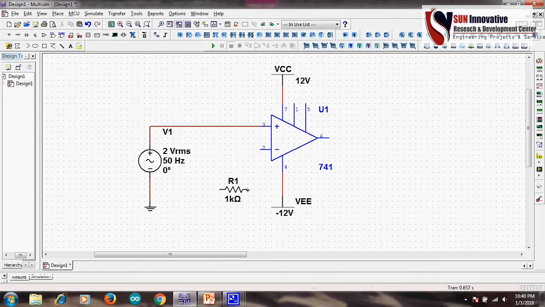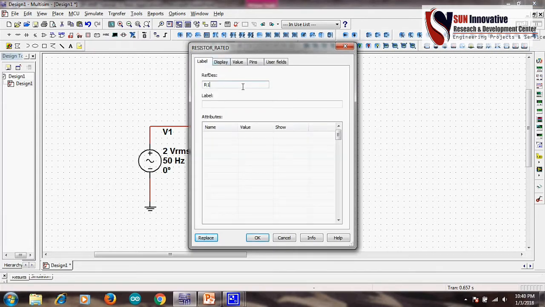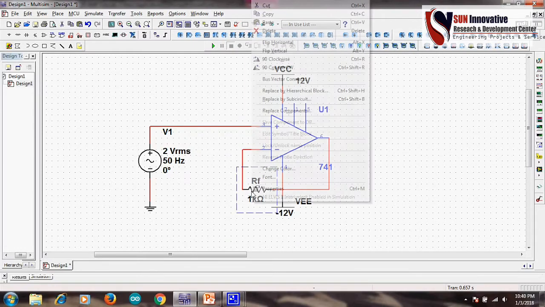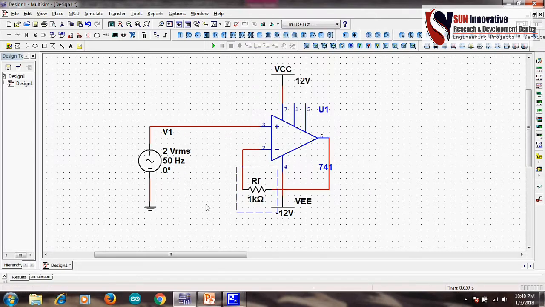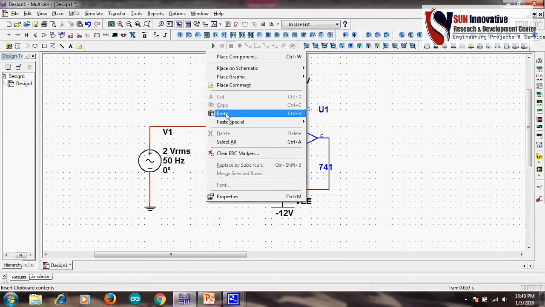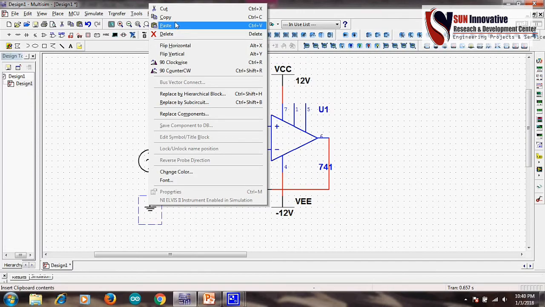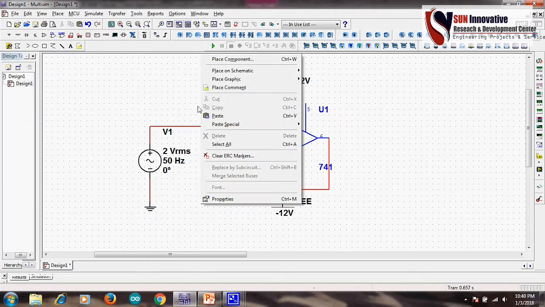Now this is my feedback resistance, so I will connect it at the output and change the name label to RF. I must connect it with the negative terminal of the op-amp. Again I will copy this resistor and paste it here, because we have to connect one more resistance with the feedback resistance and it should be grounded as per the circuit diagram.